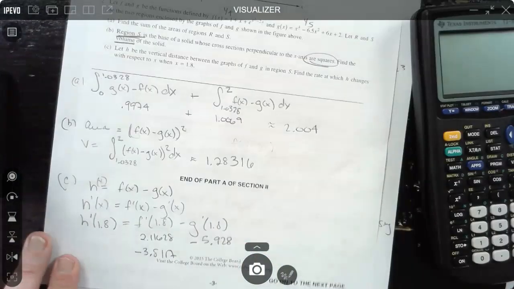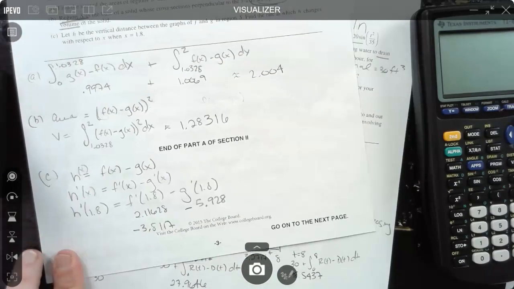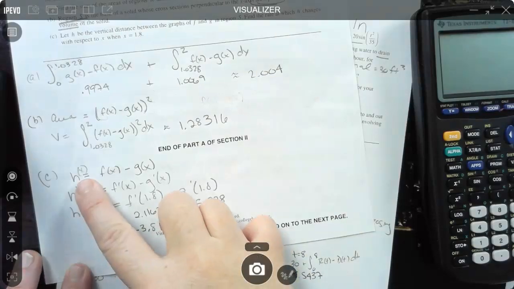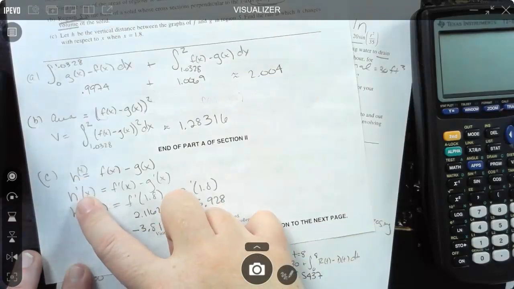A derivative is a rate. So by taking the derivative of H, I found the rate that H is changing.